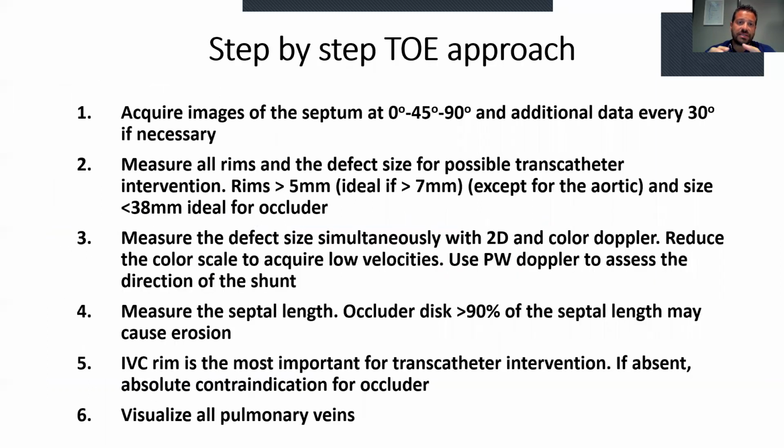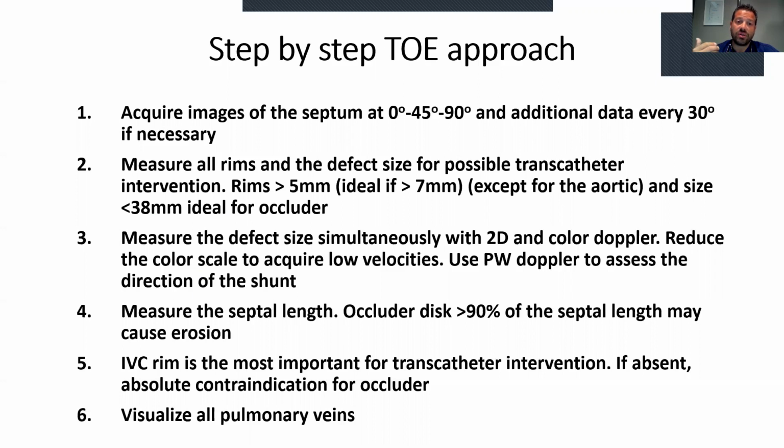In this slide, we can see a step-by-step approach for TOE diagnosis of these ASDs, and then preparing the patient for transcatheter guidance. First of all, we have to acquire images of the septum at 0 degrees, 45 degrees, 90 degrees. And if we are not satisfied with the images, then we can take additional views every 30 degrees of the septum.